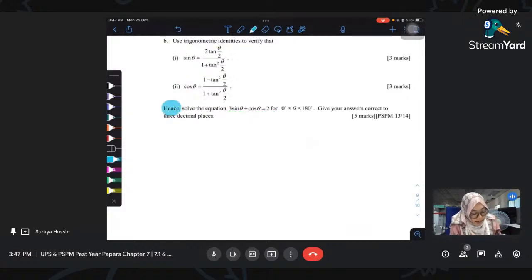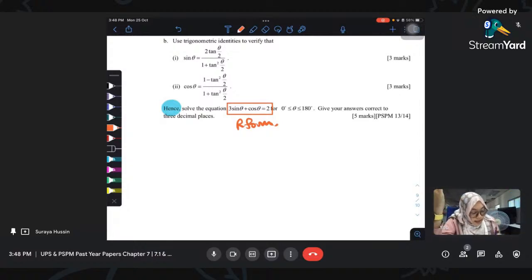Kalaulah you apply R form, I know some of you might be thinking of doing R form. Ada tak? Jujur dengan saya dekat sini. Ya, kalau you buat R form, memang tak ada masalah pun. You akan dapat jawapan yang sama.